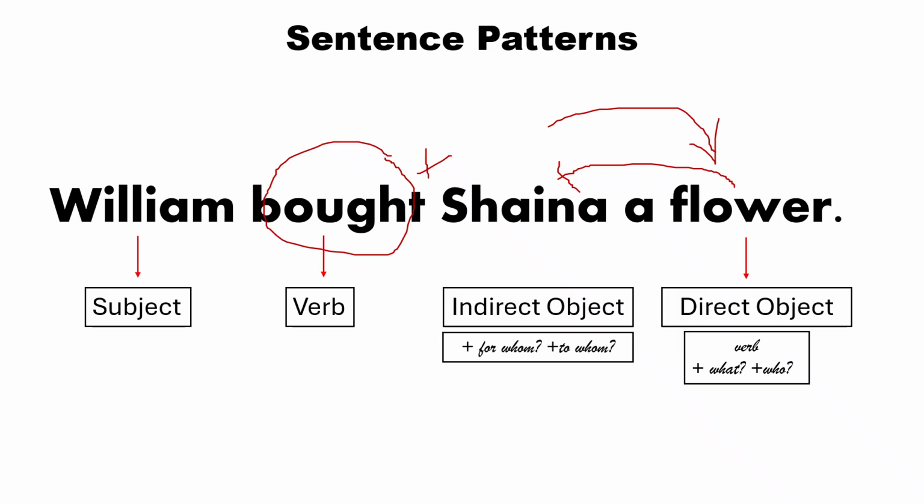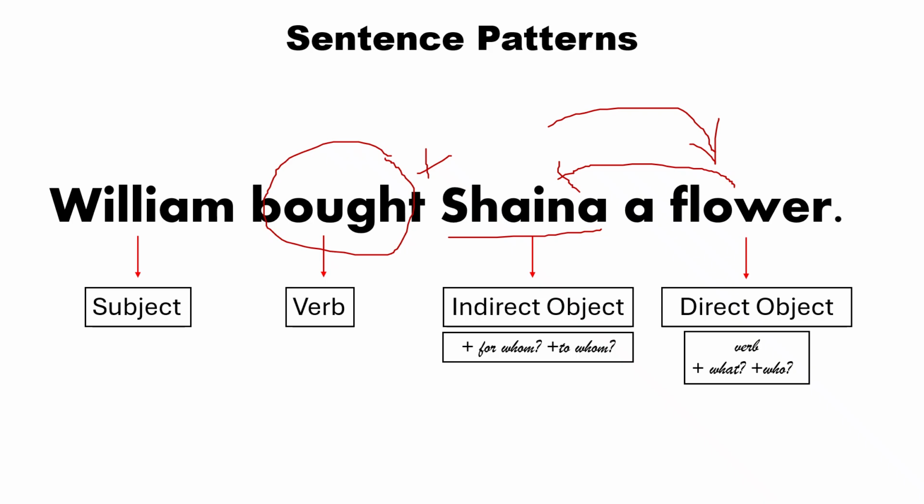So simply put, bought for whom and to whom, that would be Shane. All right. And then that's our sentence pattern in there.